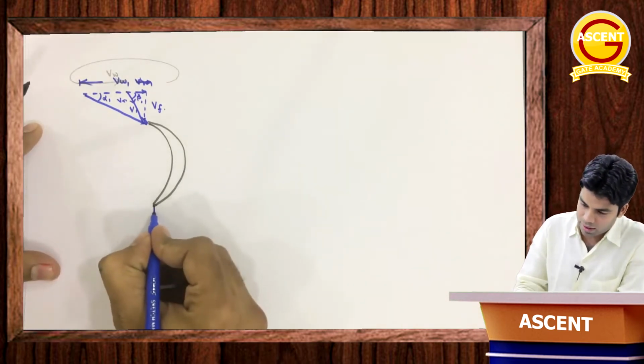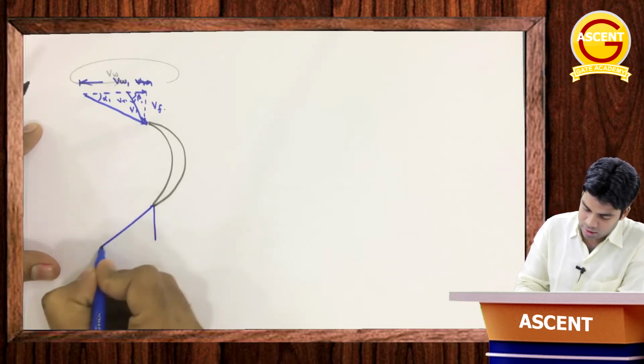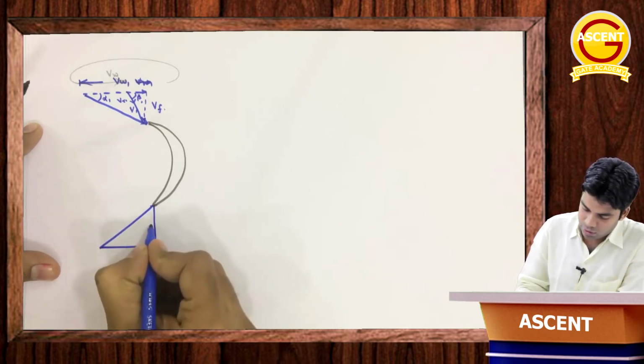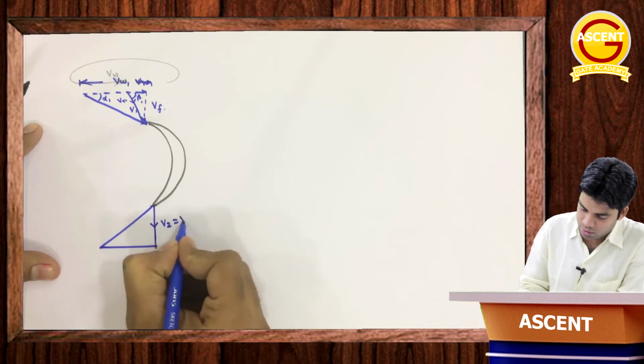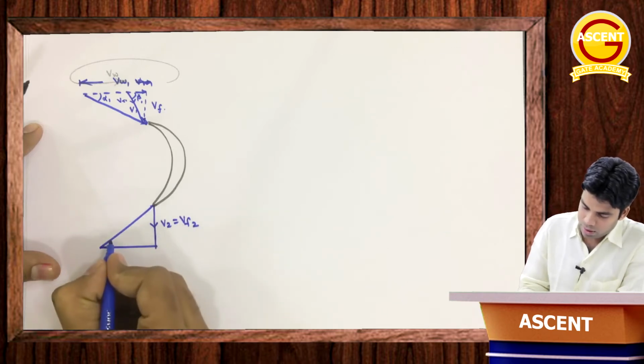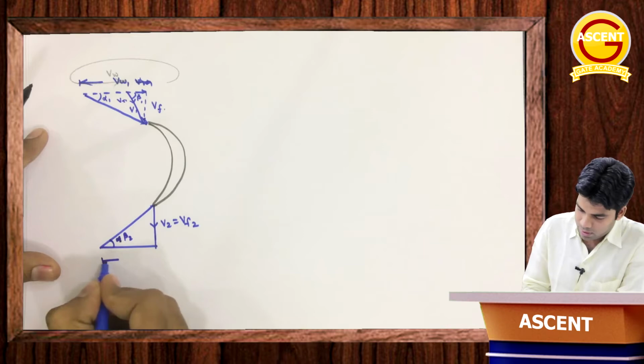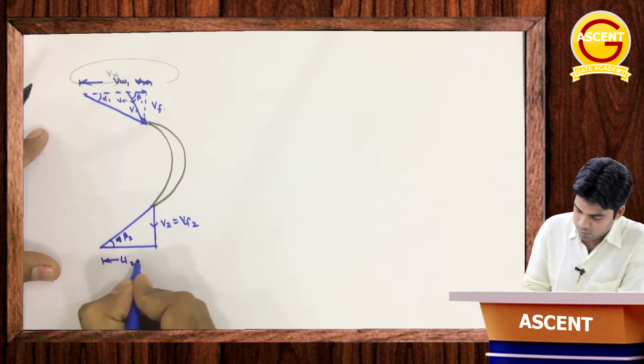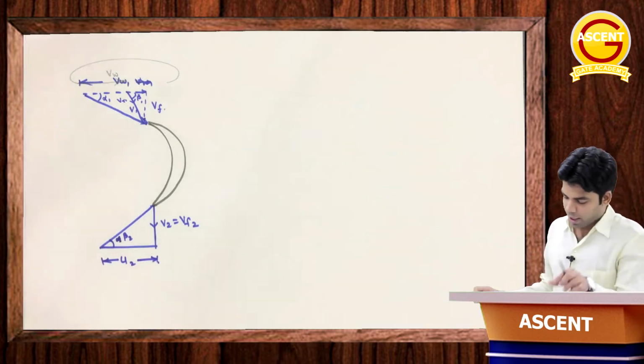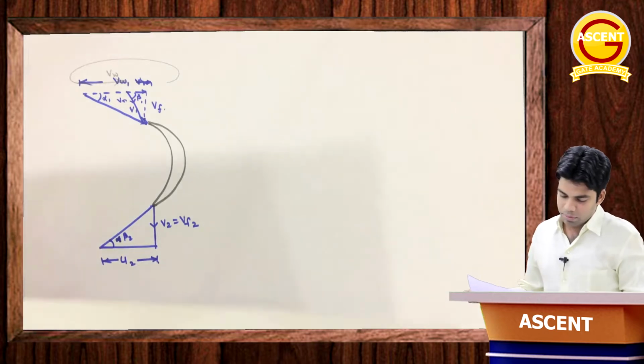Finally we will get the velocity triangle like this. For 0 whirl velocity, this is V2, which is equal to Vf2. This angle is nothing but beta 2. This is nothing but U2. And in this case also U1 will be equal to U2.